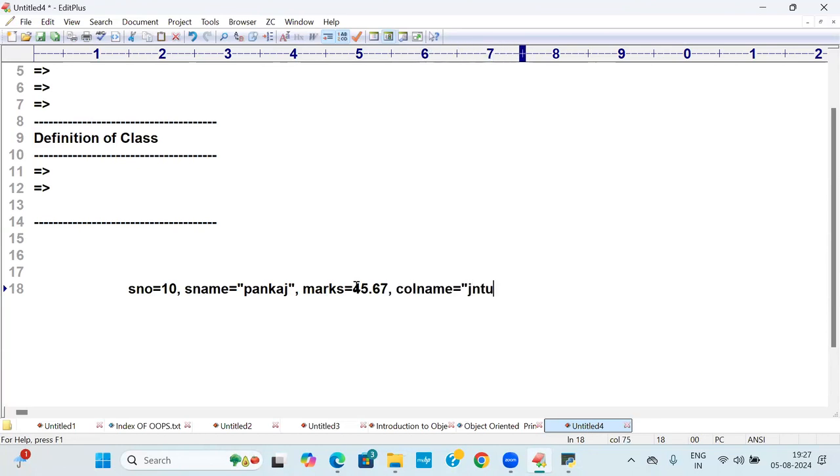I just wrote like this. I want to store like this. What is it? Is it a list?